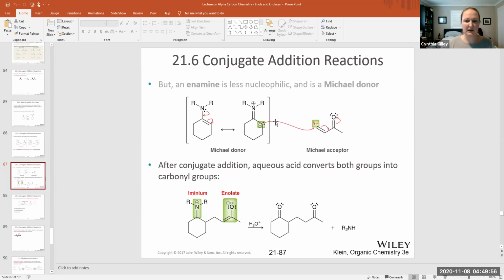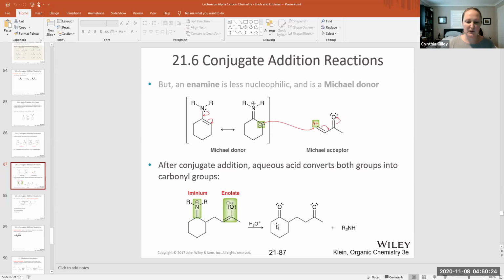After we do the conjugate addition, also known as the Michael addition, to form this new carbon-carbon bond, we end up with an enolate and an iminium ion. So we do need to stir it around with some catalytic acid. What that will do is both protonate the enolate and give us the neutral ketone, and also hydrolyze the iminium ion back to a carbonyl.